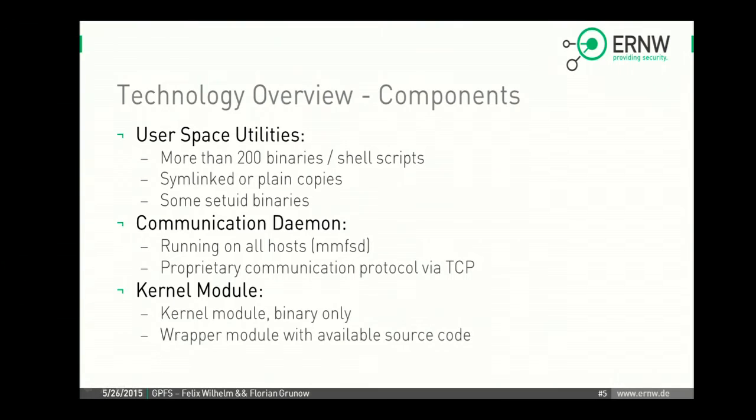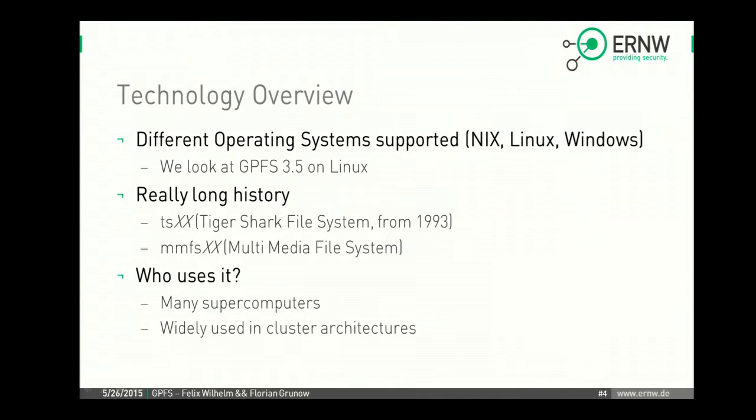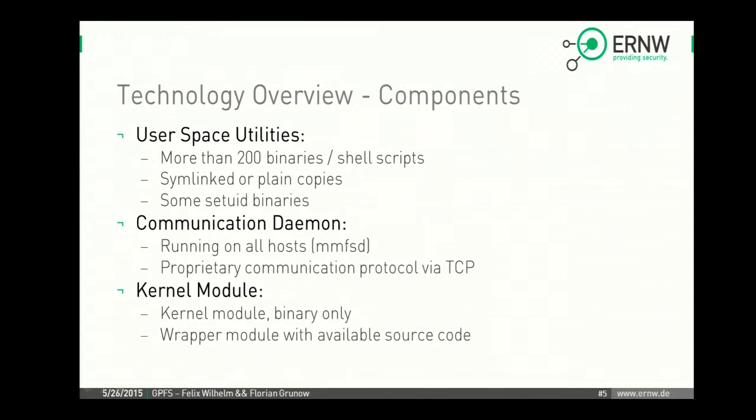Okay, so what kind of components are in there? We have basically this threefold structure. We have user space utilities. These are the ones that you've seen here. They start with TS or MMFS. There are more than 200 of these binaries on the file system. If you install GPFS, there are a bunch of shell scripts lying around, and most of them are just symlinked or plain copies of a handful of binaries.